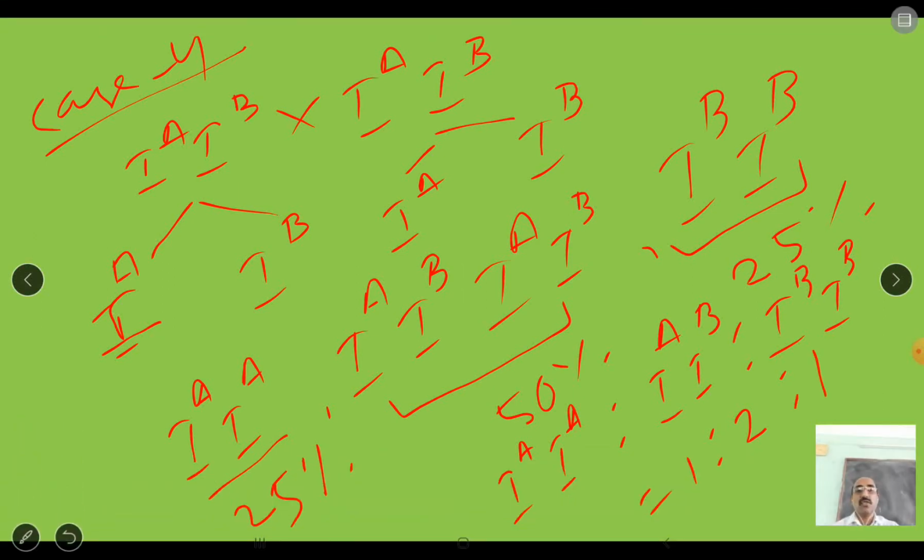Okay, so this is an example of multiple allelism.